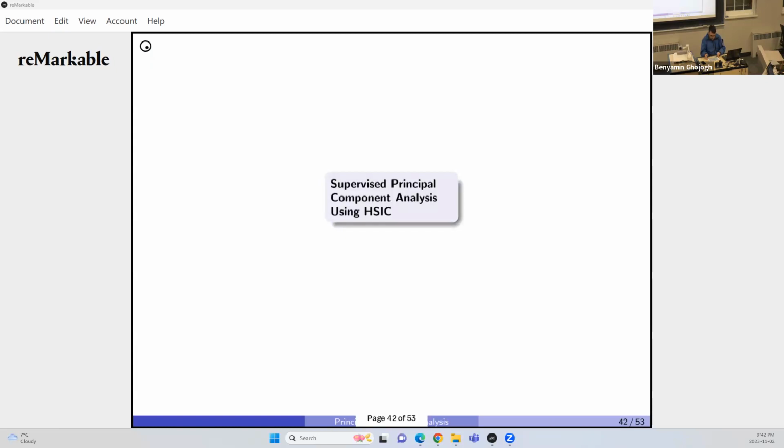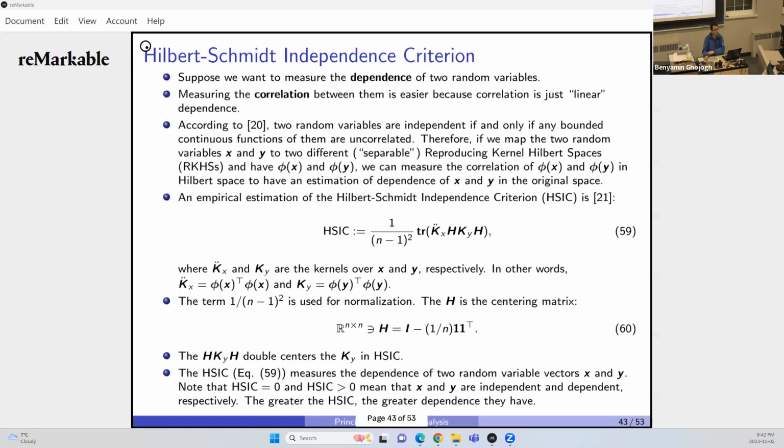Supervised PCA using HSIC. First off, let me tell you that we have another supervised PCA using some scoring. For more information, feel free to see my tutorial paper. Before the proposal of supervised PCA by HSIC, whenever people said supervised PCA, they were referring to supervised PCA using a scoring.